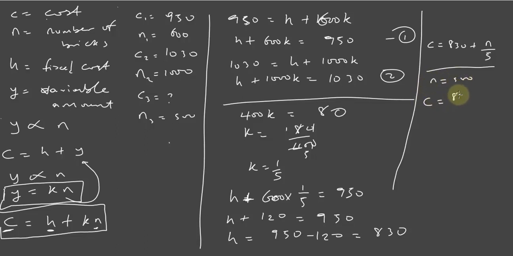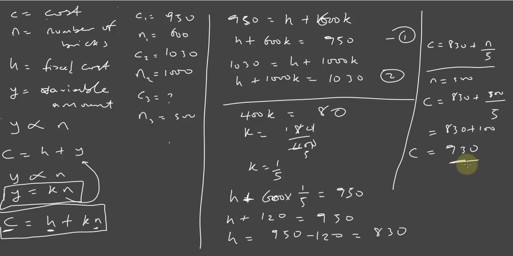The cost becomes 830 plus 500 divided by 5, and that gives 830 plus 100, and that gives 930 Ghana cedis. So this is how you solve this kind of problem.